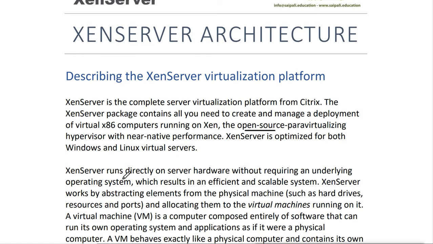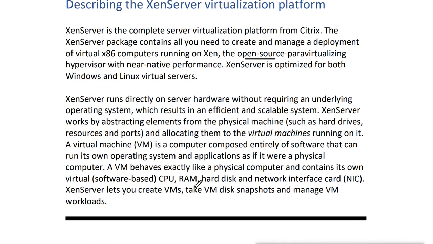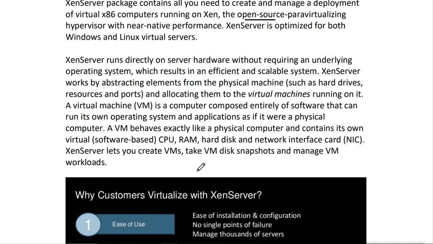Then XenServer runs directly on server hardware without requiring any underlying operating system. So as I said, it does not require any operating system to run. We can directly install it on the hardware and then we can create the virtual machines. So a VM, we can create what? The virtual machine.